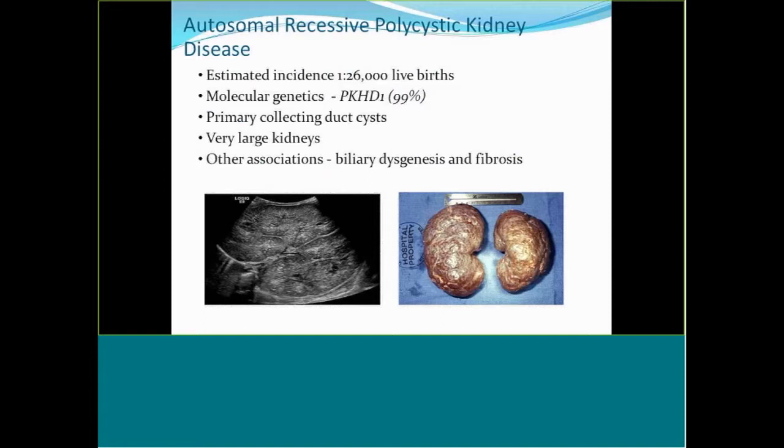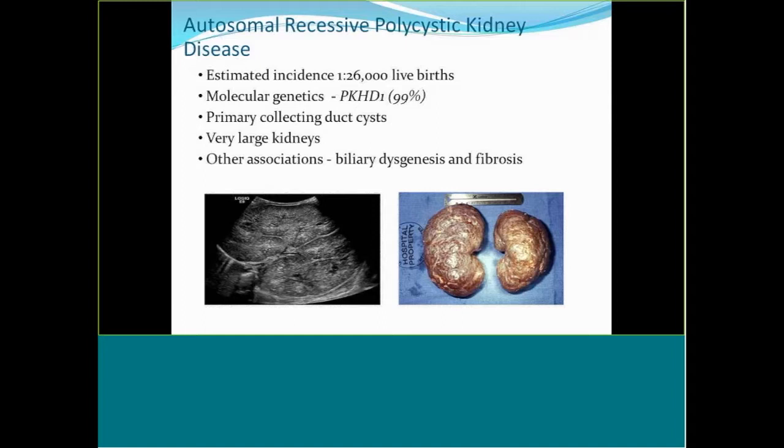And this gene forms a product, a protein product called fibrocystin, or in some of the books you'll see it referred to as polyductin. And what the gene product is thought to do is help to control things like proliferation and migration and development of the kidney tissue, and it goes awry, and you end up with these cysts.